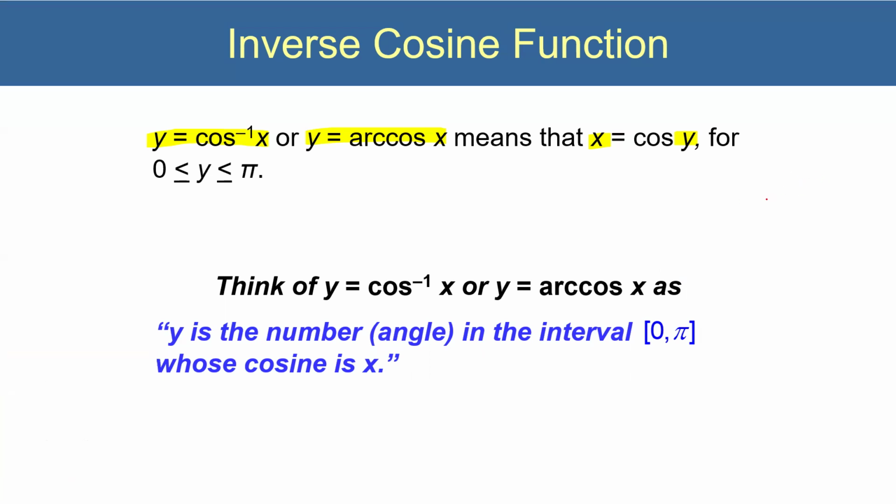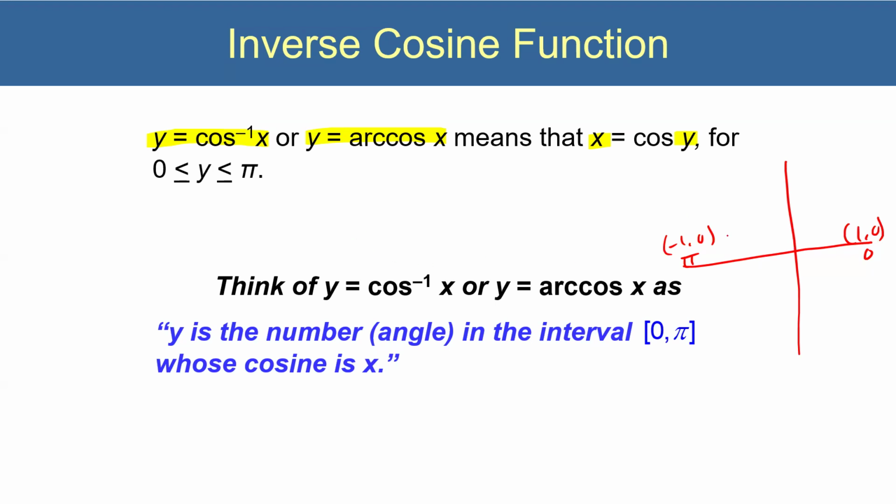So again, just so we can see it visually. At 0, we're at 1 comma 0, this is our 0 value, right? At pi, we are at -1 comma 0. When we switch to our inverse, that means your X and your Y are switching roles, essentially, when you're solving.